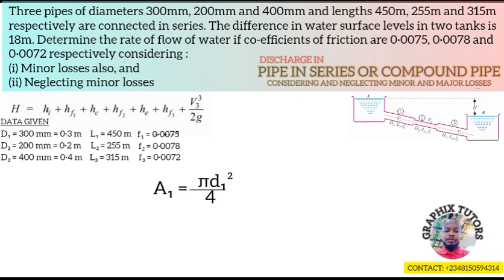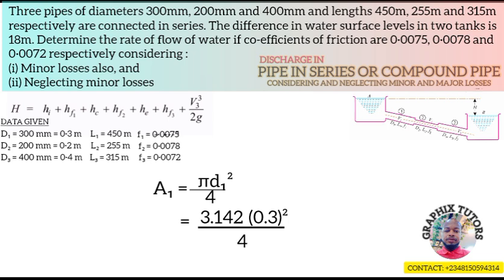When you input the values, we know pi is 22/7, which is 3.142, multiplied by the diameter of pipe 1, which is 0.3, squared, all divided by 4. 0.3 squared is 0.09, multiplied by 3.142 gives 0.2828, divided by 4.